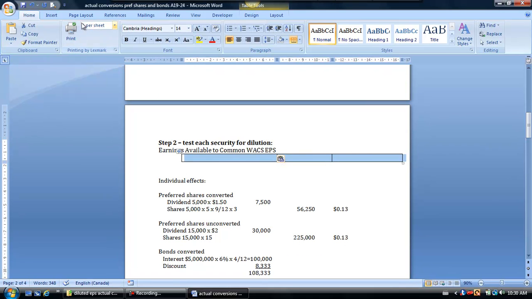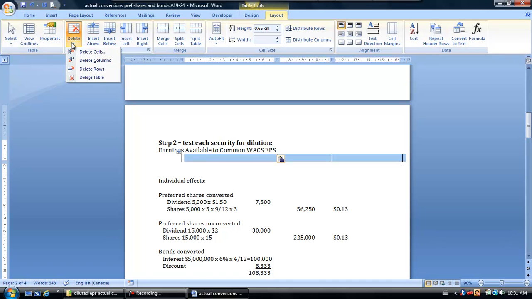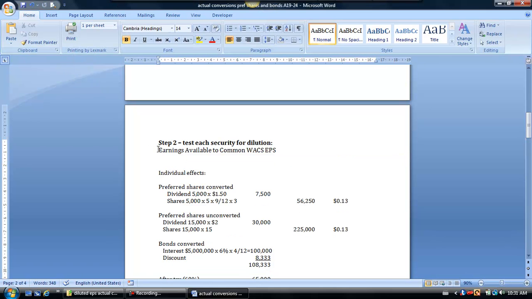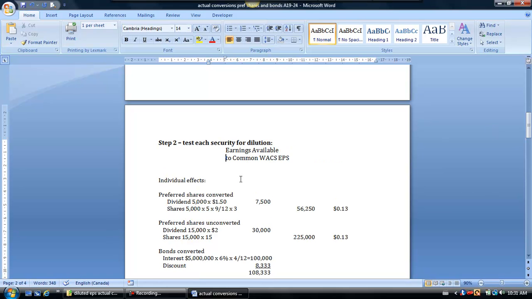Get rid of the table. Looks like we got a little Excel lesson going, our Word lesson going on here, doesn't it? Then we'll have our wax in here and our EPS, and the world is good.